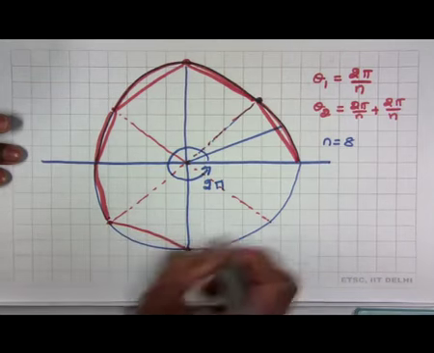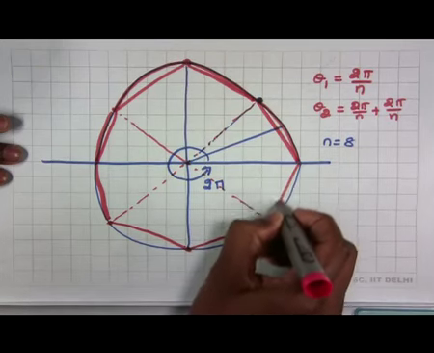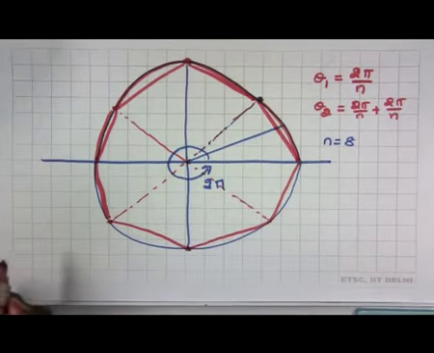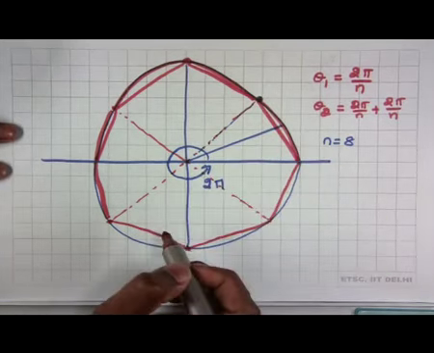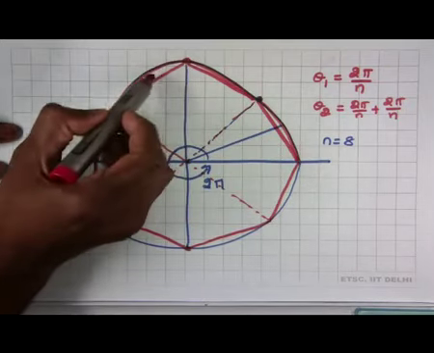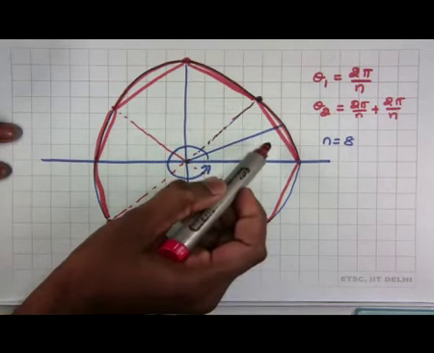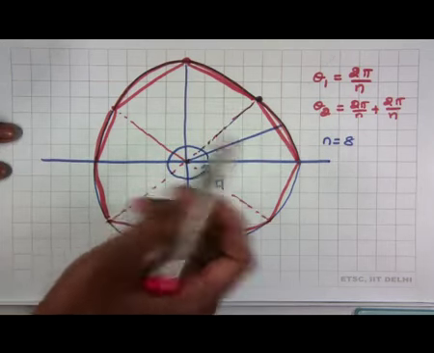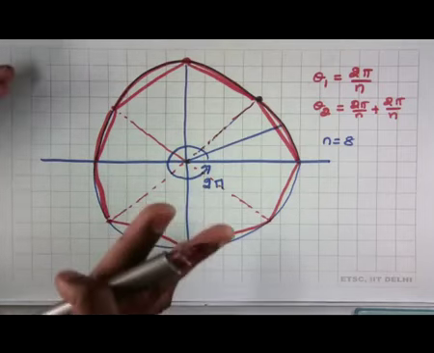Okay. So, we see that there are 8 faces for this polygon, and what we see is that each side is equal and each angle is equal. By the definition, what we are getting is a regular polygon if we place it on the nth root of unity.